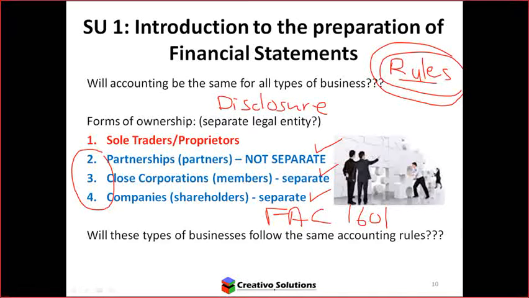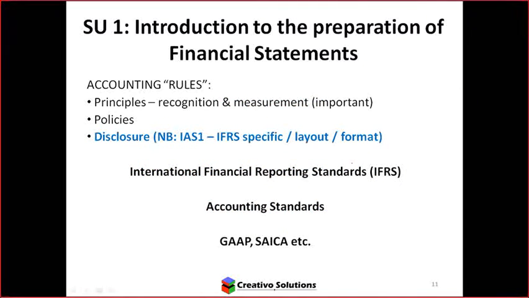And that makes a big difference when it comes to the actual accounting. Okay, and when we go through the different modules, you'll see that quite nicely. You'll actually see how the accounting works when you have a partnership versus a CC or company. It's quite different because the one, they're not separate, and the other, they are. Sure. So will these types of businesses follow the same rules? Yes. Definitely. Okay, that's a given. Great.